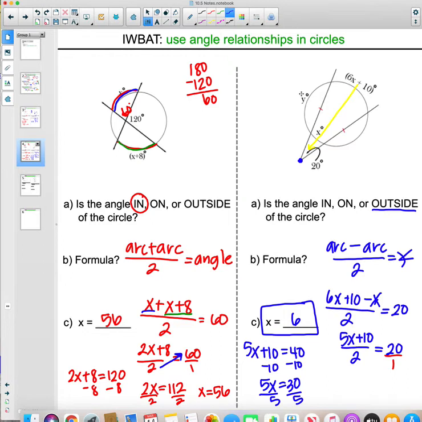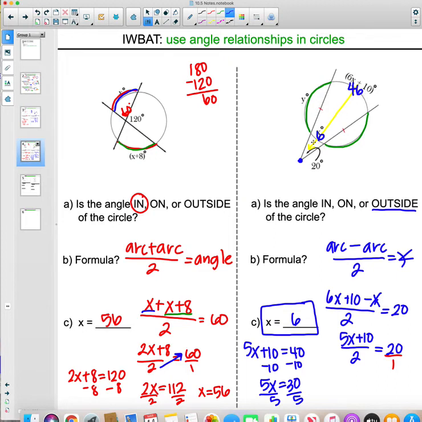There is a y up here as well, so we can go ahead and look at that. So we got 6 degrees for this arc. Now you see congruent chords here. So that means that this arc here is going to be the same as this arc here. So x is 6. So let me plug 6 in here as well. So 6 times 6 is 36, plus 10 is 46.